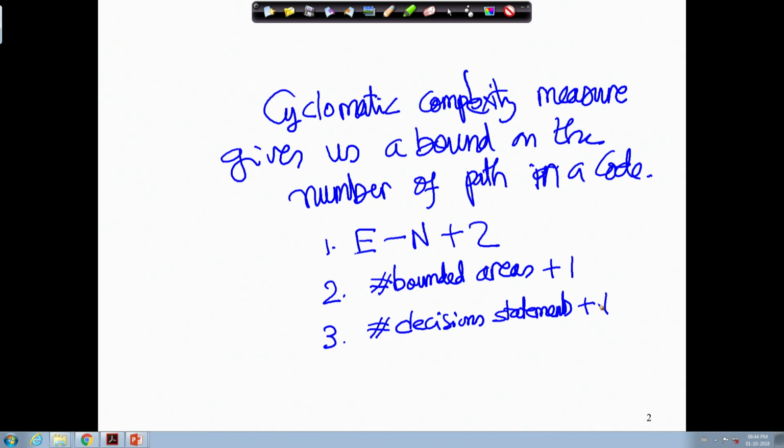and it is easy to compute, because you can look through a code and find out how many decision statements are there. Each of the if, then else, each of the loop and so on, they are decision statements.